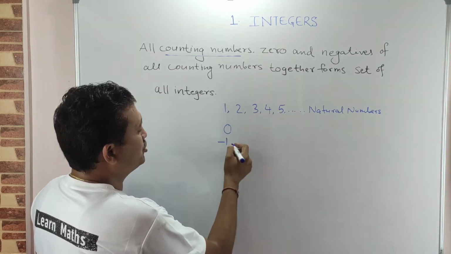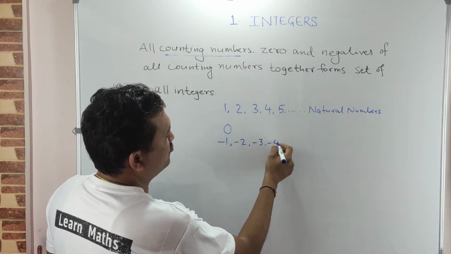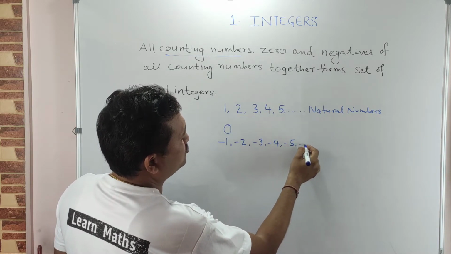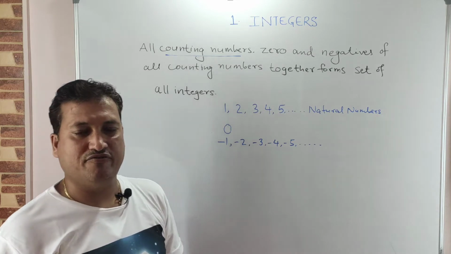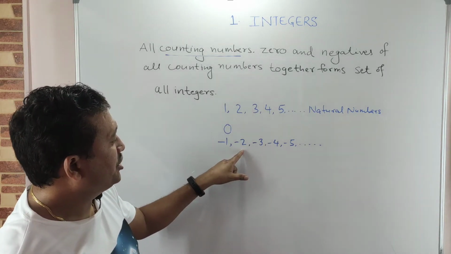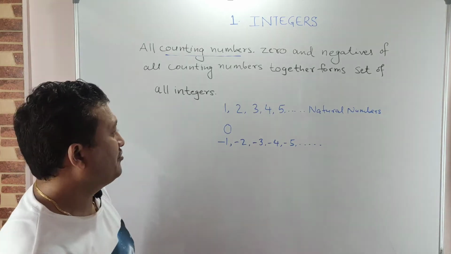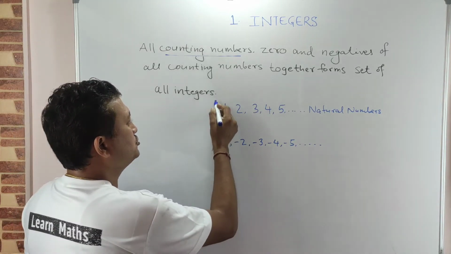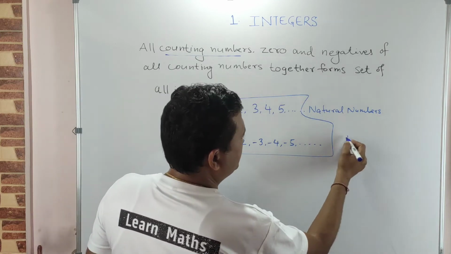Negative of counting number 2 is -2, -3, -4, -5 and so on. So -1, -2, -3, -4, -5 are negatives of all counting numbers, and all these numbers together form integers.